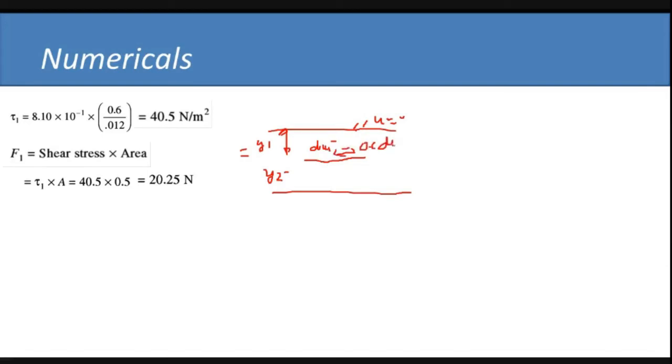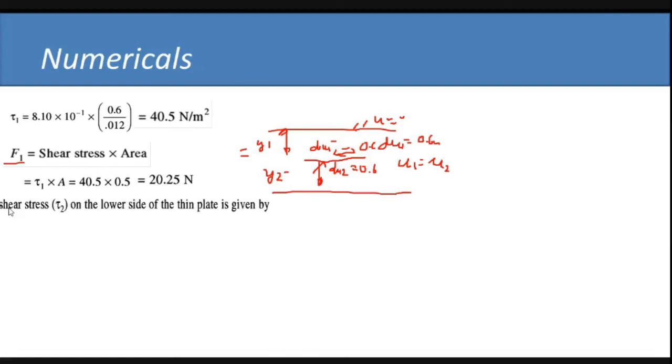So du1 was 0.6 meter per second. Similarly, du2 is also 0.6 meter per second. So du1 and du2 are the same, dy1 and dy2 are the same, and also mu is the same. Mu1 is equal to mu2, in both cases the fluid is the same. So basically this F1 is equal to F2.